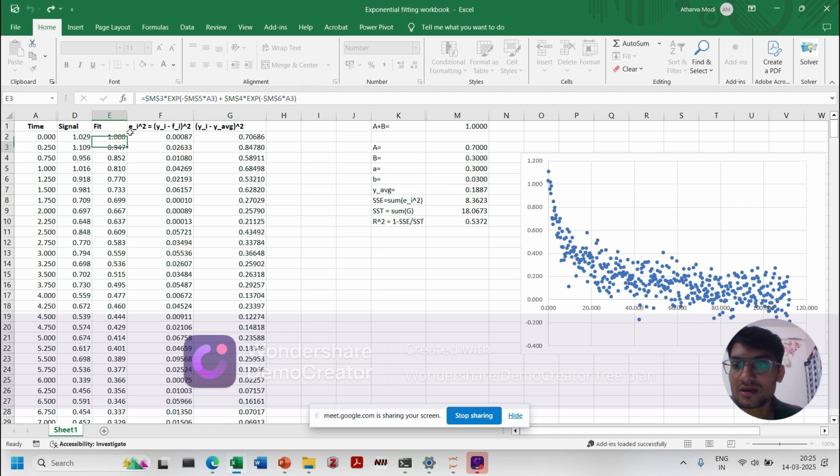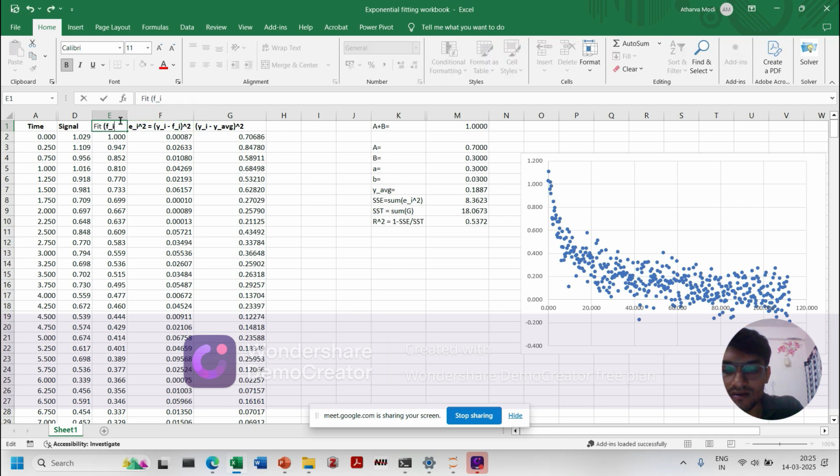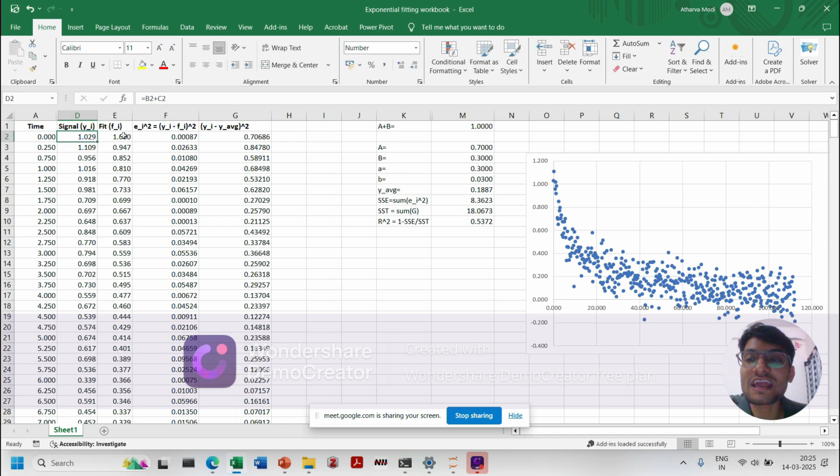Now I will apply this formula to all the numbers down here and get the fit values. For the next step, I will calculate ei square, which is nothing but y minus the fitted value. This is my fi, the fitted value, and this is yi. So basically fi is y cap i. This is my error terms squared.